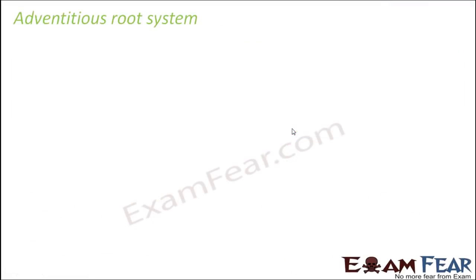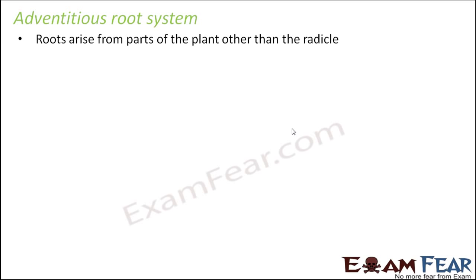Now the second type of root system, that is the adventitious root system. So what is this adventitious root system? Here the interesting part is roots arise from parts of the plant other than the radicle. That is something new, because till now we always used to think that inside the seed we have one radicle and one plumule.